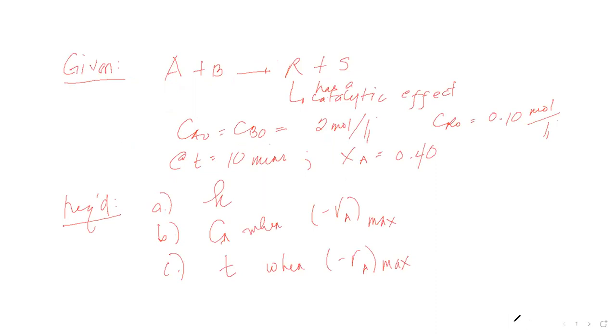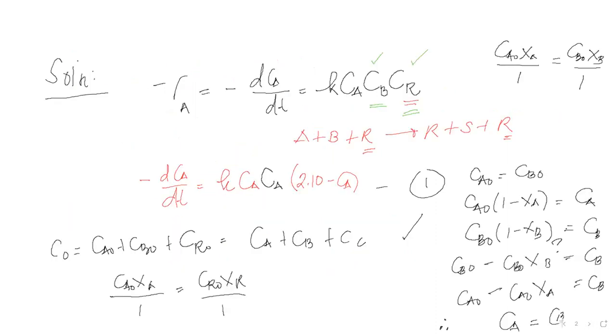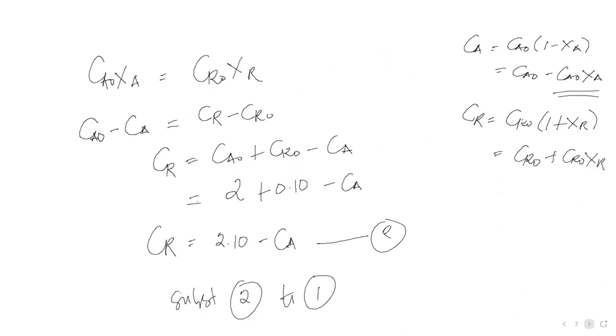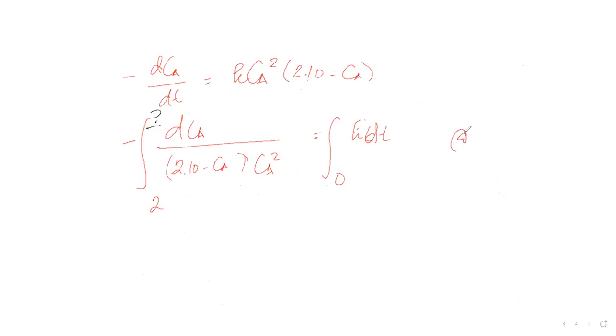Third year, are you still there? 10 minutes and the conversion. Okay, that was, I think, Joshua. So we go here. So we'll place here at t equal to 10 minutes, XA is equal to 0.4.